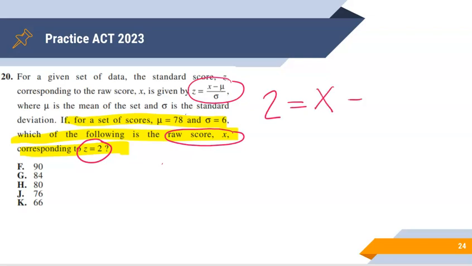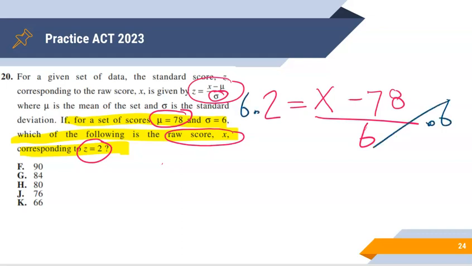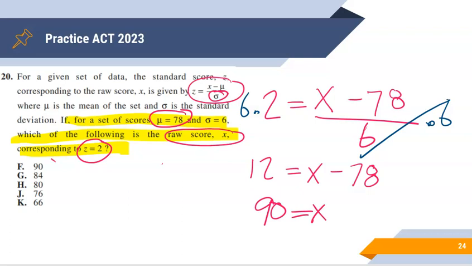Mu is 78. Our standard deviation there is 6. So we're just going to solve for x. Well, I think multiply both sides by 6 first to cancel that out. Add 78 to both sides, and we get an answer of 90.